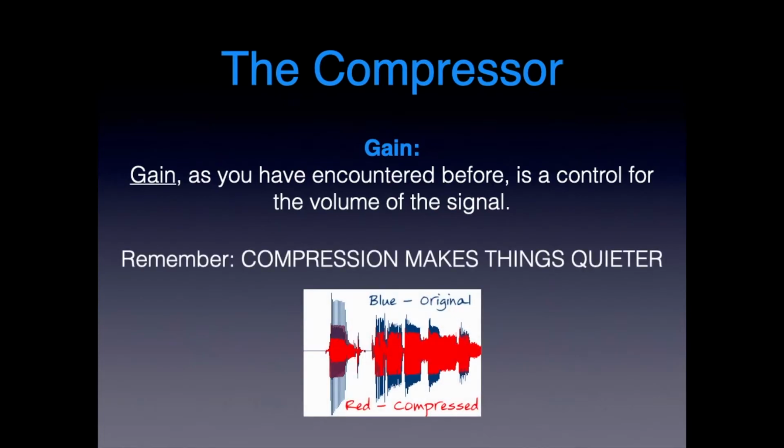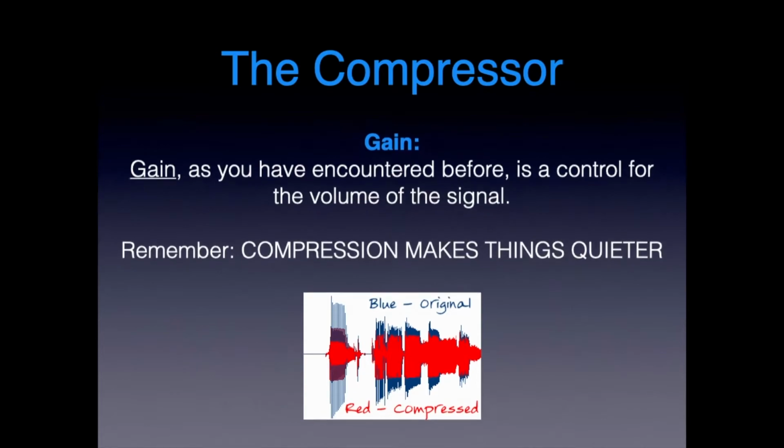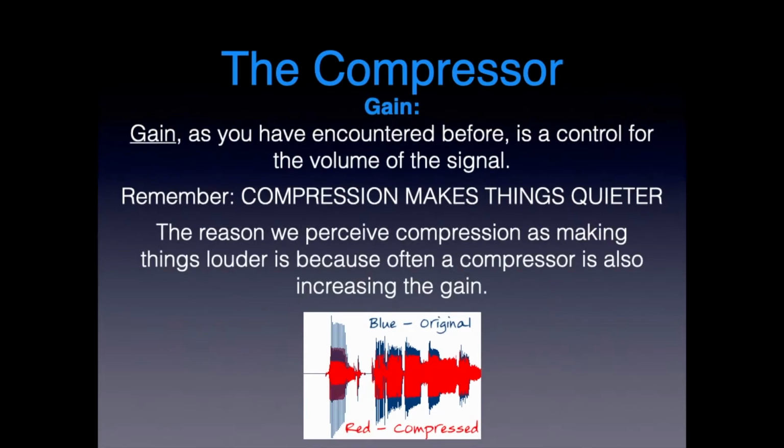It's important to remember that compression makes things quieter. We're taking the loudest parts and then we're reducing their amplitude. Usually, though, we associate compressors with making things louder, and that's because of this gain, because once we reduce the amplitude of the loudest parts, we then increase the gain to make the entire signal louder, so making the quieter parts louder.